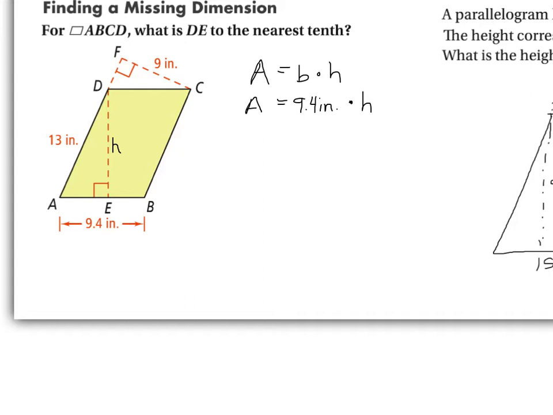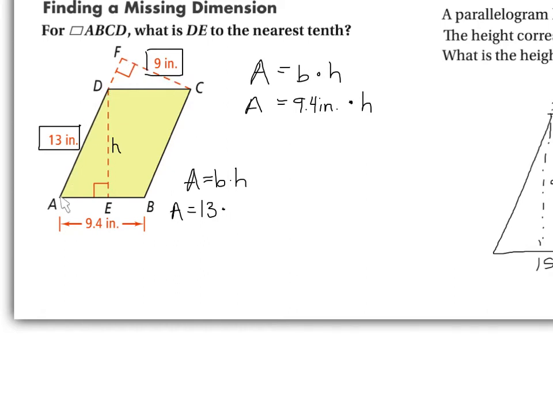If you look on the other side and you use this as the base, the area is base times height. The area we don't know, the base is 13, and the height that corresponds to 13 is this height right up here. Remember, this right here is the base, and this is the height.